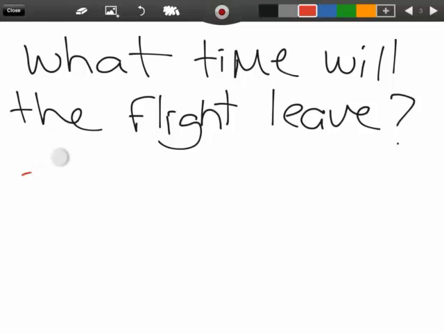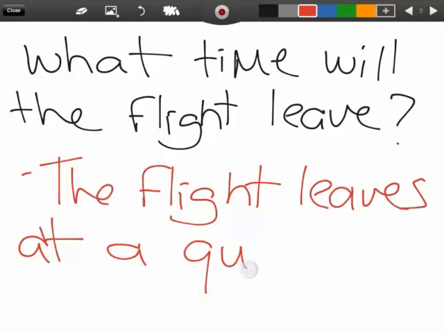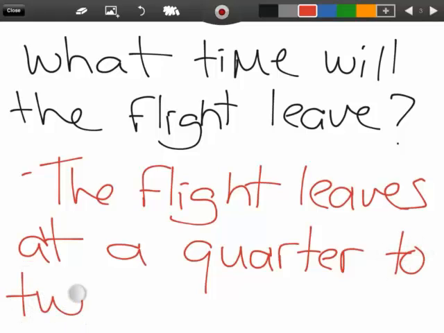I would say the flight leaves at a quarter to 2, and that will be 1:45, as in quarter to 2. So someone came up to me, asked me what time will the flight leave. I would respond to them by saying the flight leaves at a quarter to 2.